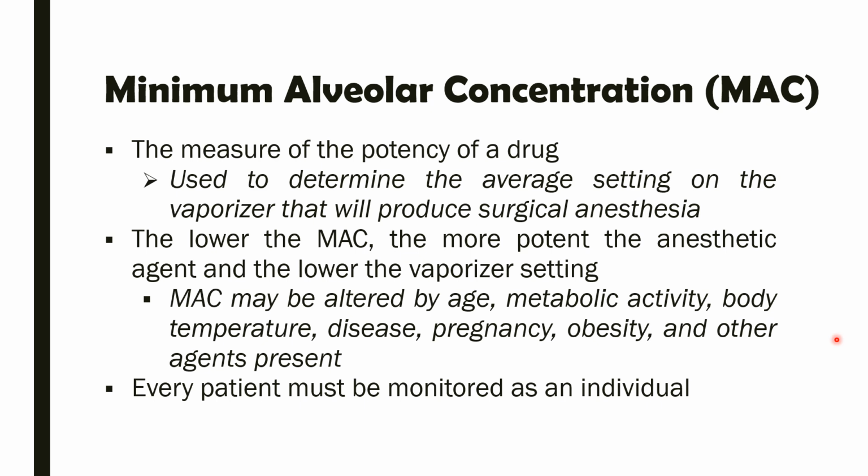So for example, we must also adjust the MAC setting according to the age of the animal, metabolic activity, body temperature, disease, pregnancy, obesity, and other factors. And another important factor is that every patient must be monitored individually.